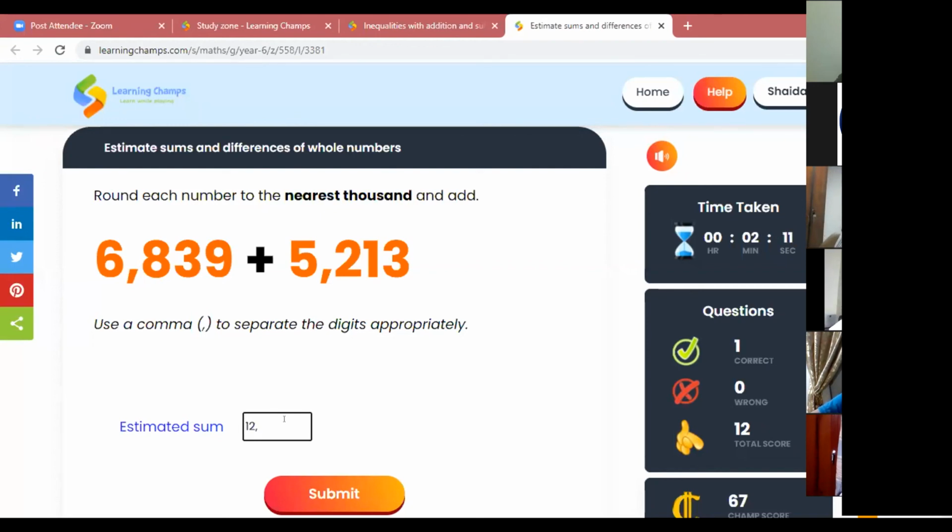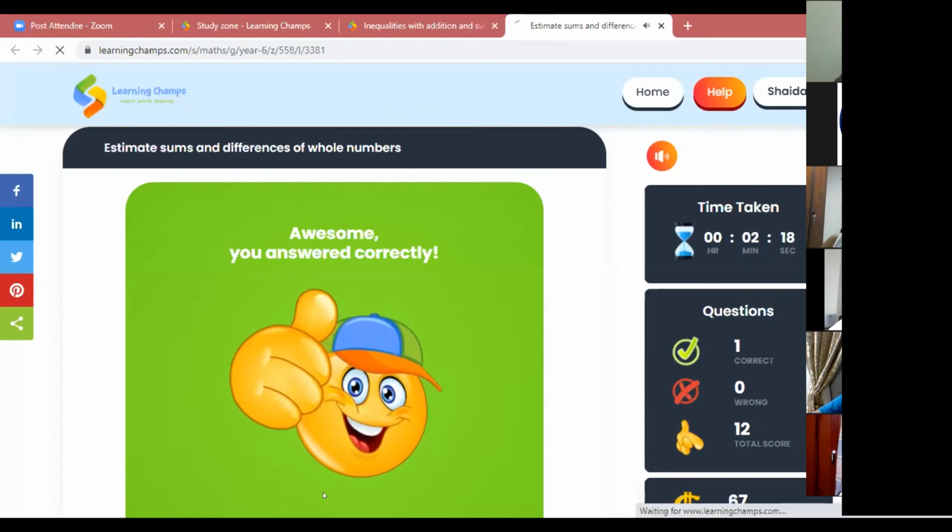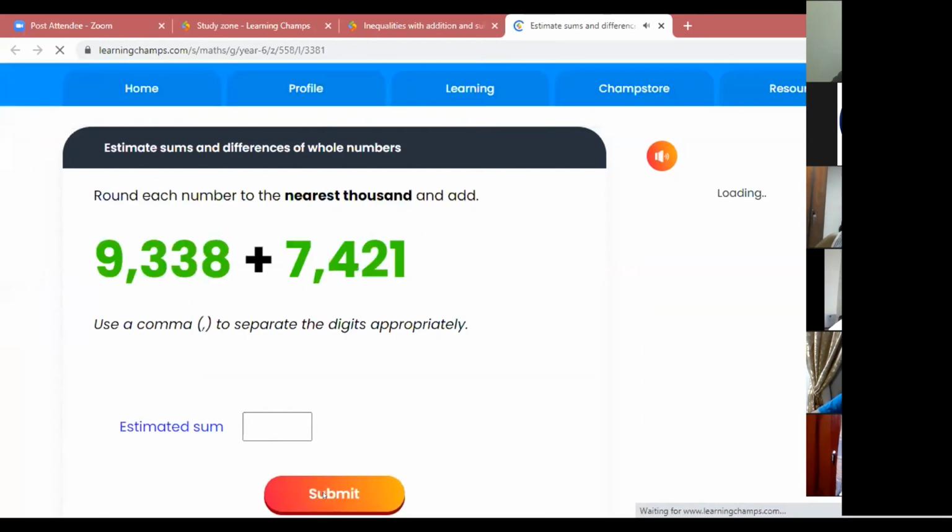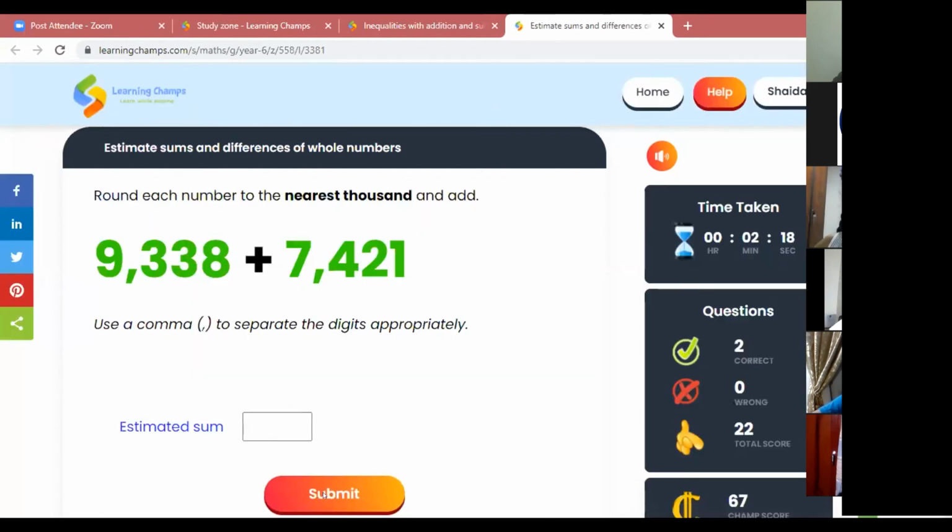Chetana, you're sure? Did you understand that? We don't add exactly. We round to the nearest 1,000 first, and then we add. Okay? Do you understand this?